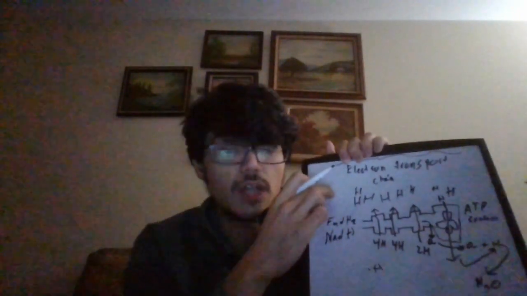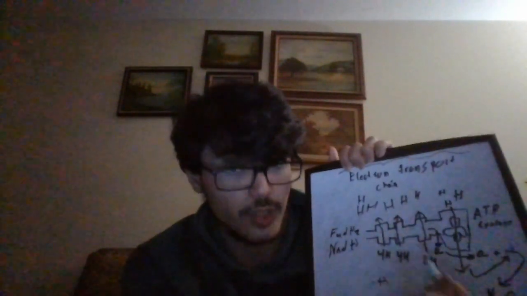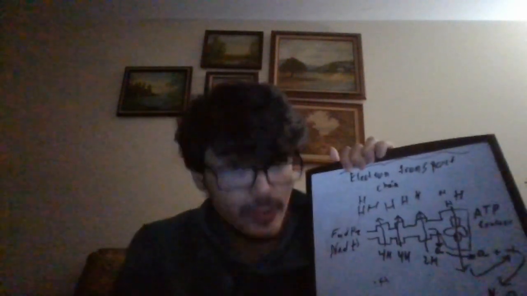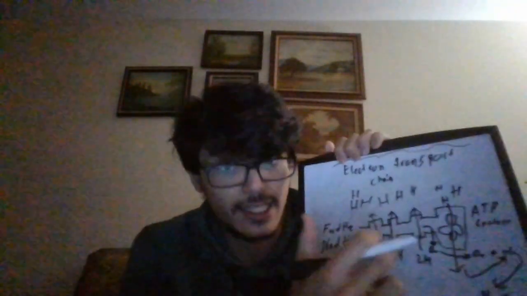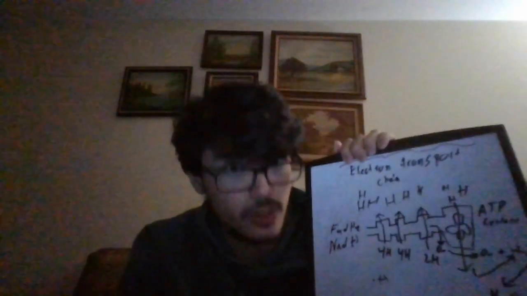This causes a hydrogen gradient. So it goes boom, boom, boom, all the way down to oxygen, which is the final electron receptor, which is important because, while it is one of the uses of oxygen in the body, a very, very important use is as the final electron receptor in the electron transport chain.